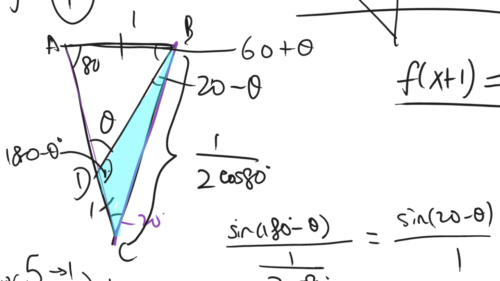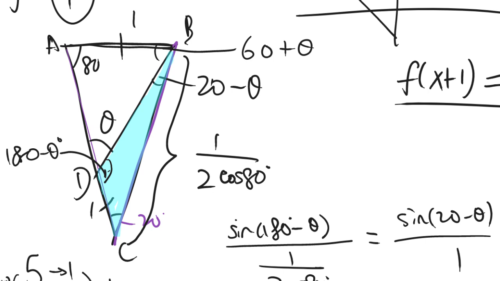So now you know this side CD is 1. This side is also known. You have angles here. You can do a sine rule kind of equation, right? And solve for theta. So what I can do here is that this is 180 minus theta. It's getting messy here, sorry.